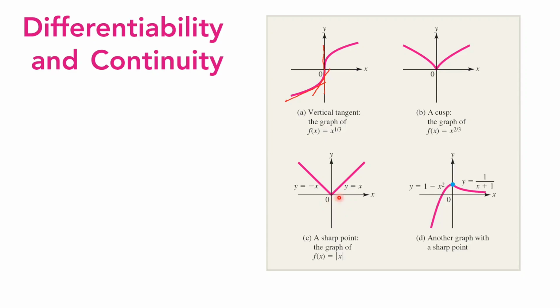Looking at the graph, we see a sharp point or sharp turn at x equals 0. And for this last graph, we have a similar case. Again, these graphs show us continuous functions that are not differentiable. By saying that, continuity does not imply differentiability.